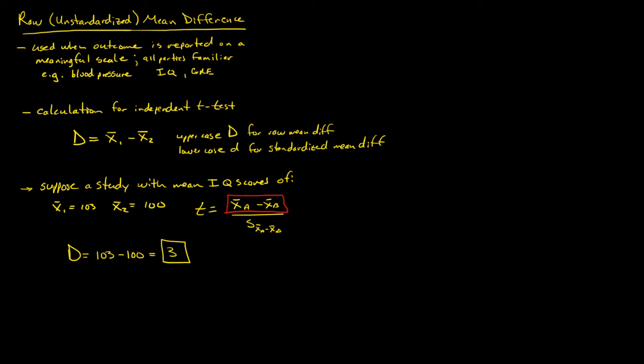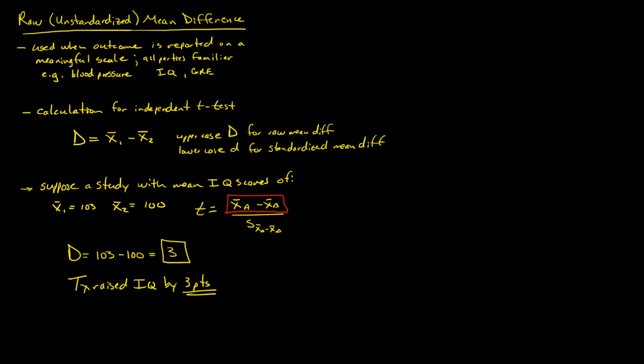Your intervention, your memory training protocol or whatever it was, increased IQ on a standardized IQ test by 3 points. Treatment raised IQ by 3 points. Okay, so that's the independent t-test calculation for the raw or unstandardized mean difference.